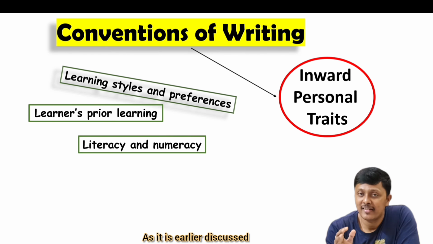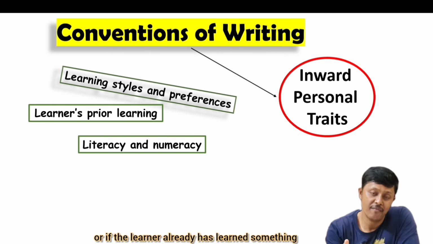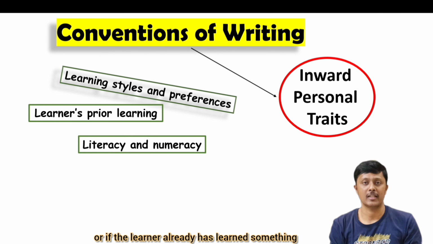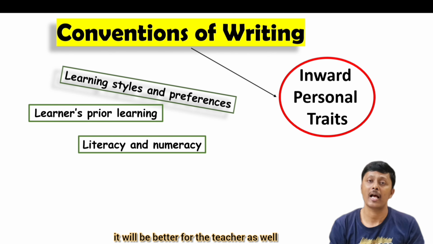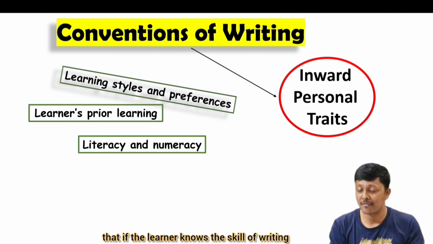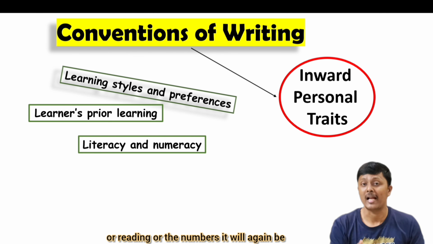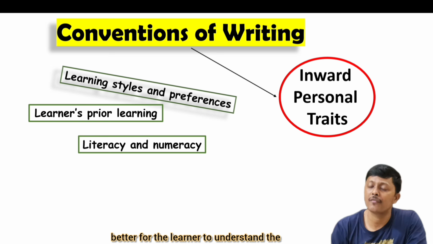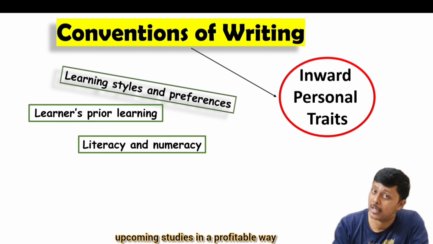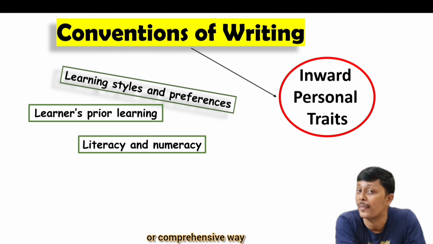As discussed earlier, if the learner has prior learning or has already learned something, it will be better for the teacher as well as for the learner. Here, literacy and numeracy suggest that if the learner knows the skill of writing, reading, or numbers, it will again be better for the learner to understand upcoming studies in a profitable and comprehensive way.